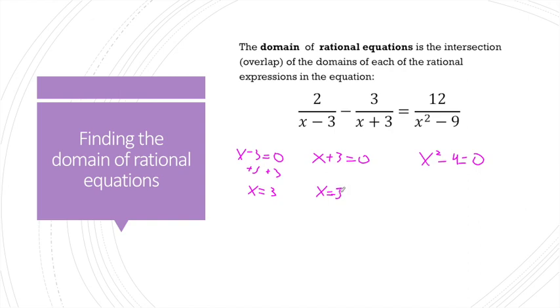But I need to factor this quadratic over here. We can see that this is a difference of perfect squares. I have x squared, and then I have 9, which is 3 squared. So I'm going to factor this into x plus 3 times x minus 3 equals 0. Then I use the zero factor property to set each of my factors equal to 0.